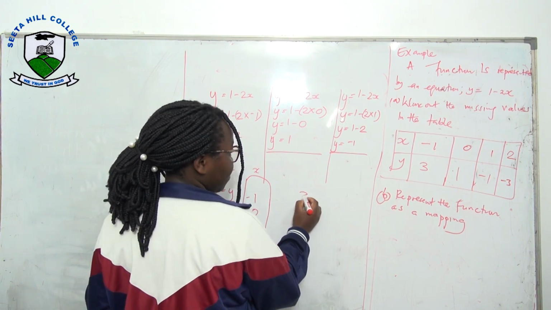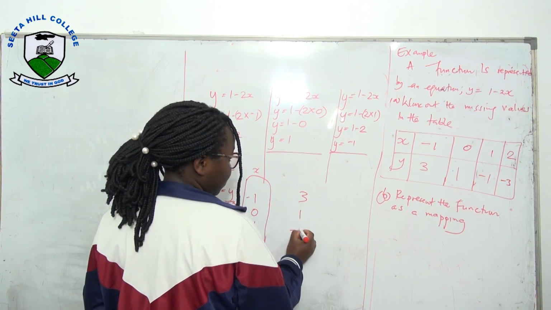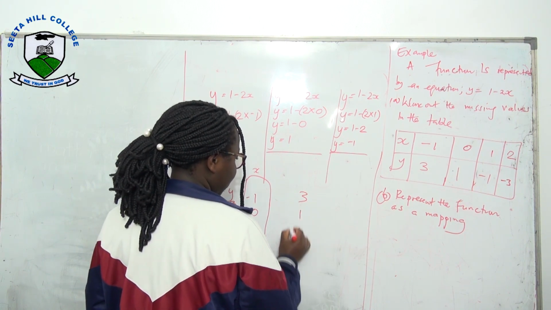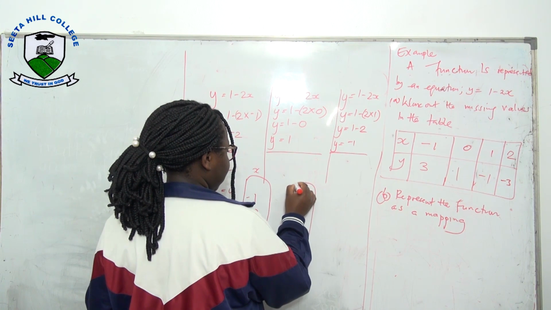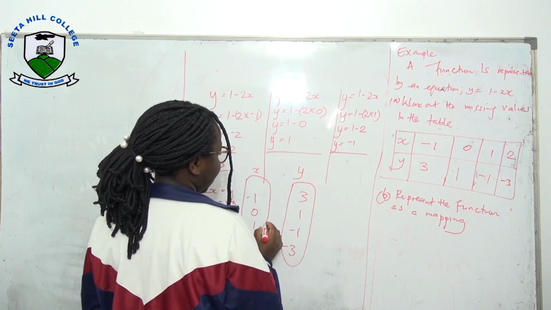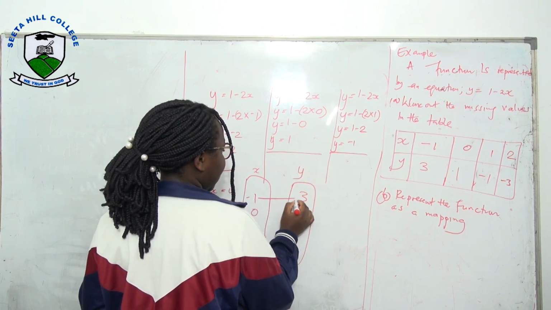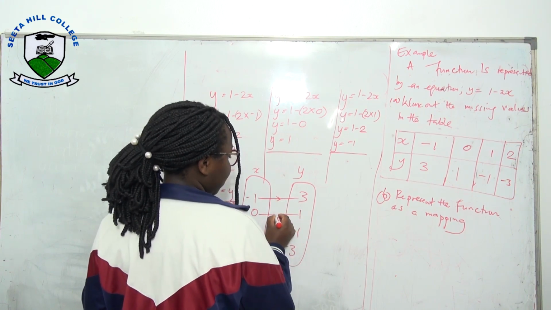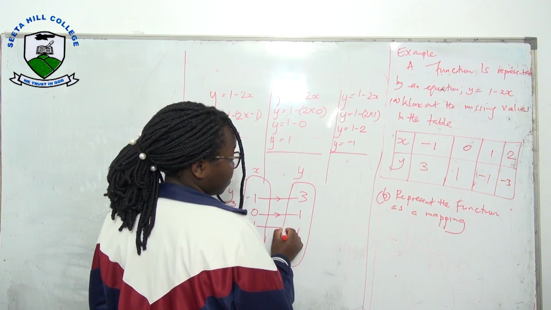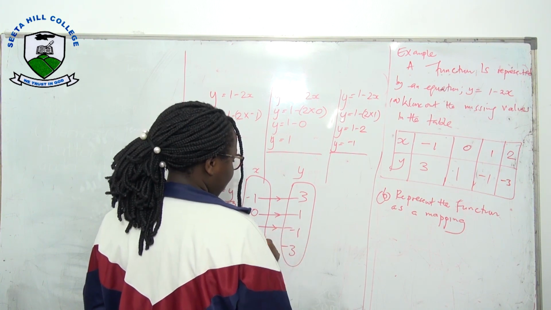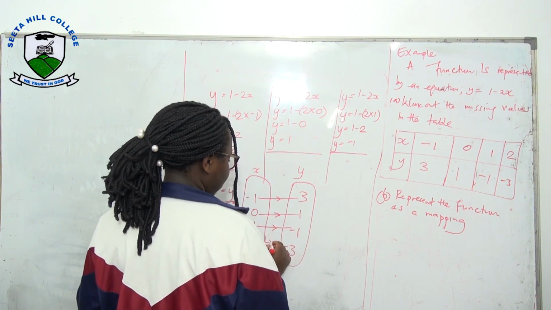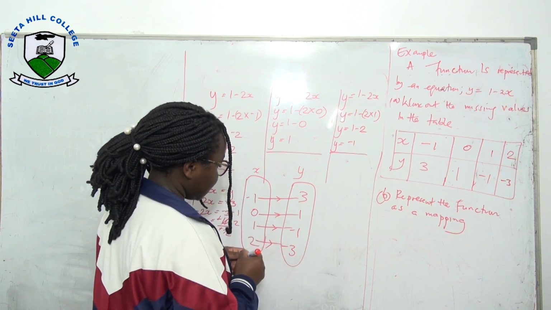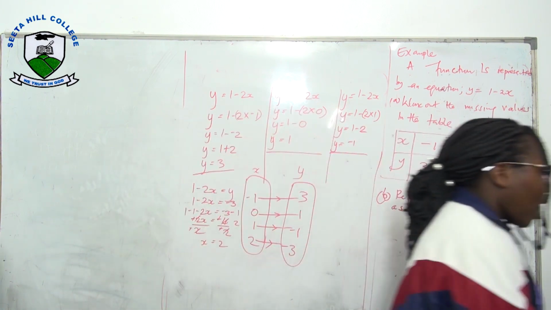So here we have 3, 1, negative 1, and then negative 3. And this is for y. So this negative 1 is then 3, 0 is 1, then positive 1 is negative 1, then 2 is negative 3.